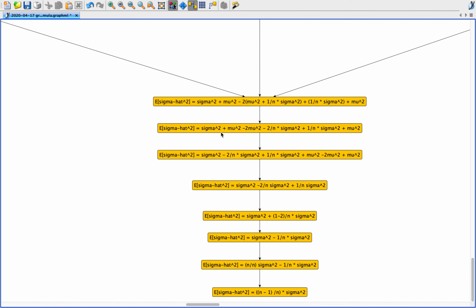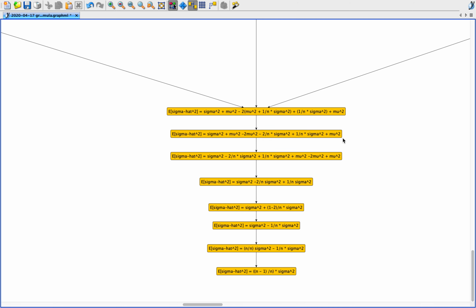So we end up with sigma squared plus mu squared minus 2 mu squared minus 2 over n sigma squared plus 1 over n sigma squared plus mu squared. So now we're putting all the sigmas together and all the mus together. And the mus cancel out. So mu squared minus 2 mu squared plus mu squared is equal to 2 mu squared minus 2 mu squared, which is equal to 0.